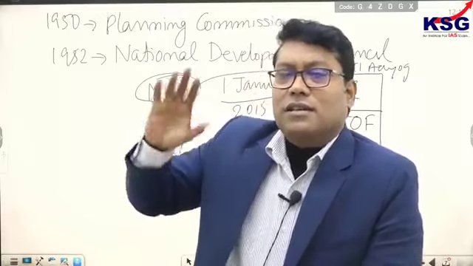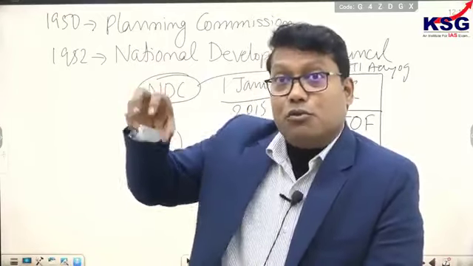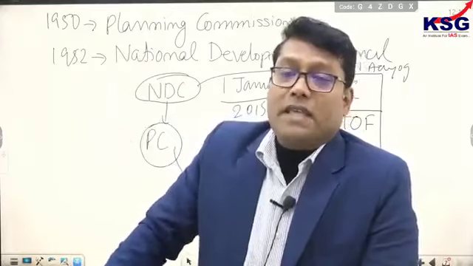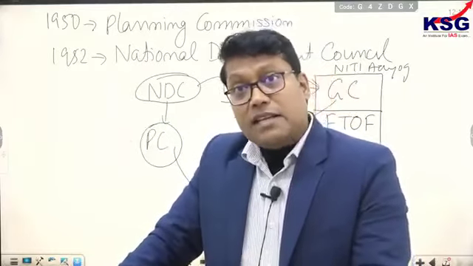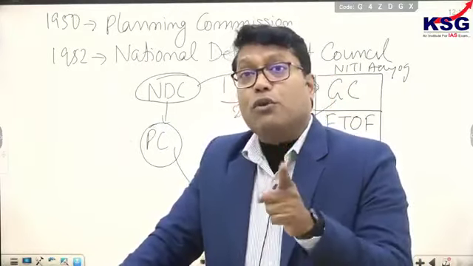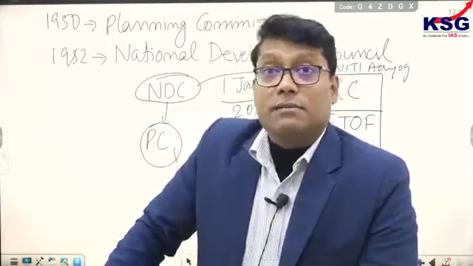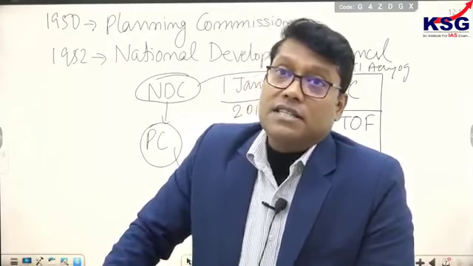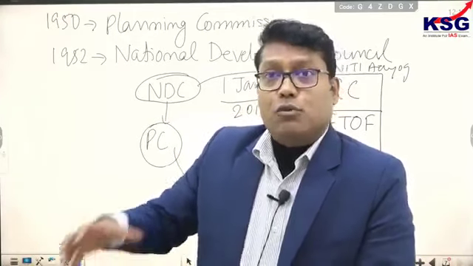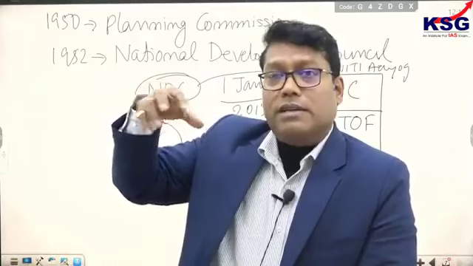Extra means other than the constitutional body, but it was holding huge power. The Planning Commission had the power to allocate funds among the ministries and among the states. So they were holding huge command over the states.